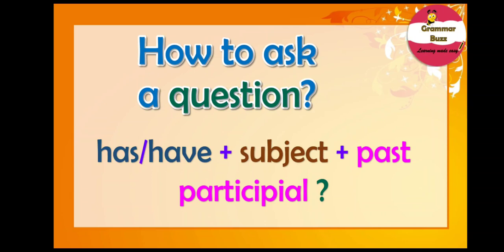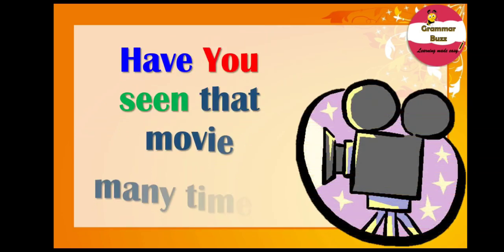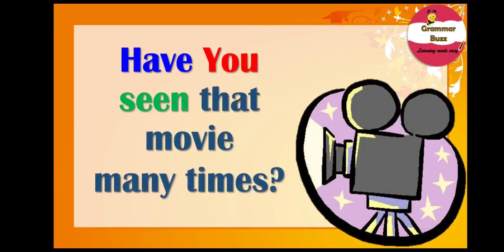And let us take the same example that we have already done earlier, but this time we will be changing it into a question sentence in the present perfect tense. And our sentence is, have you seen that movie many times? So, as we already know, to ask questions in present perfect tense, we have to use has or have plus the subject plus the past participle form of the base verb.